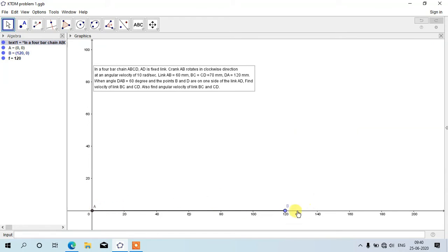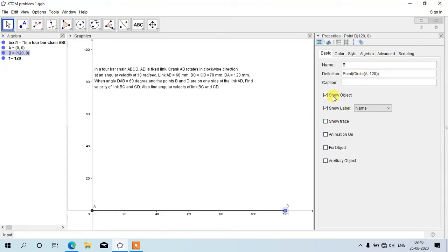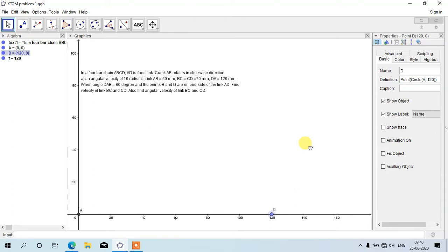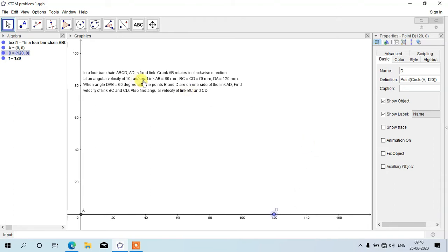So I have drawn the link AD of length 120 mm. You can see that over here. Length is 120 mm. Now we will draw the link AB, that is a crank.